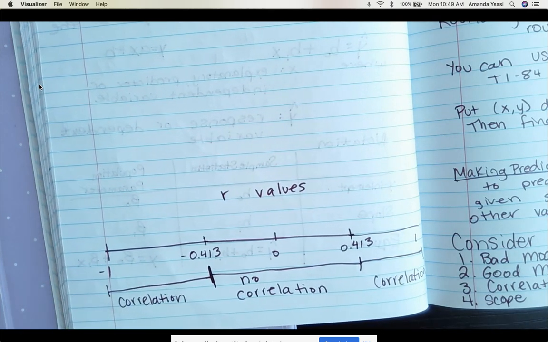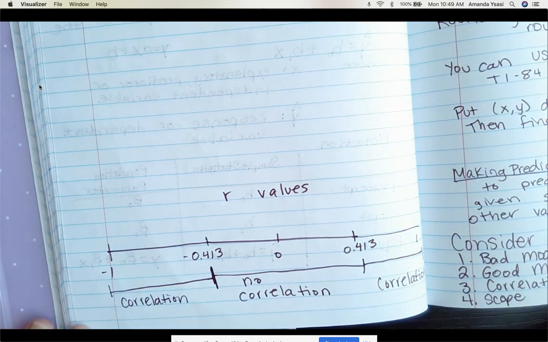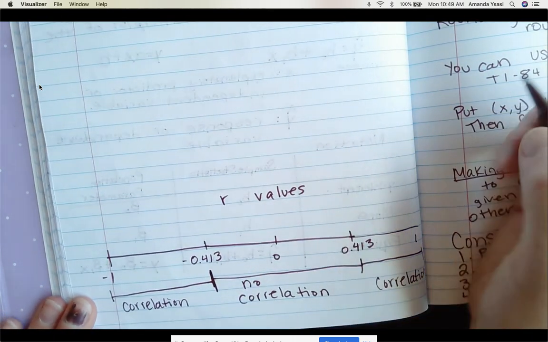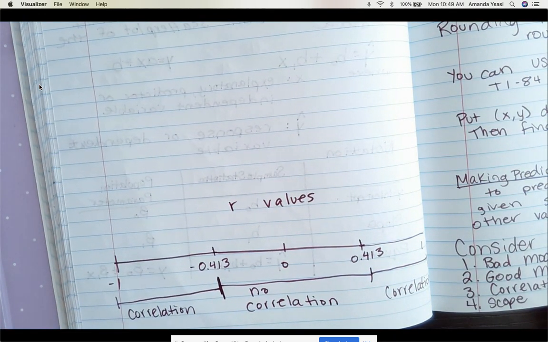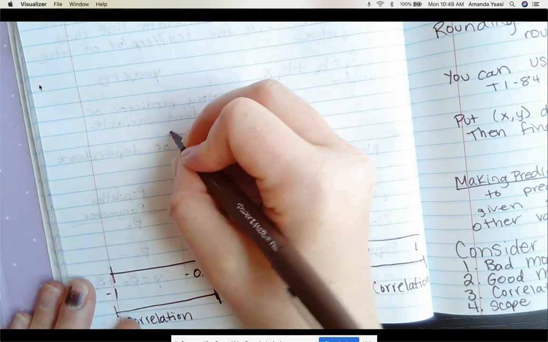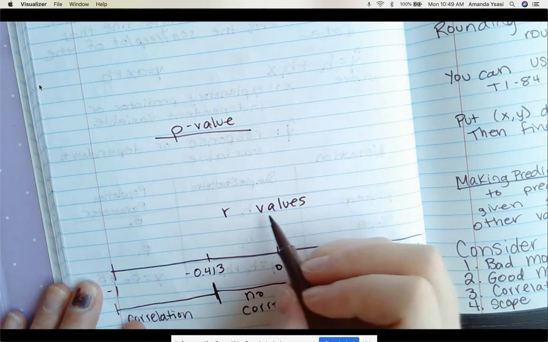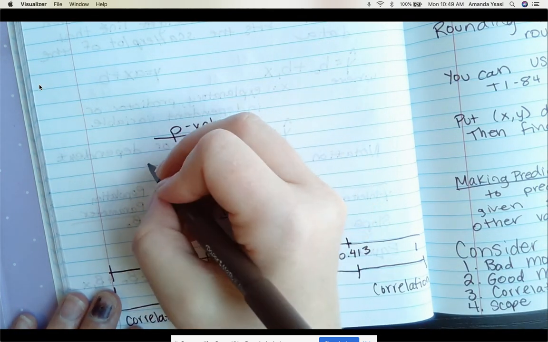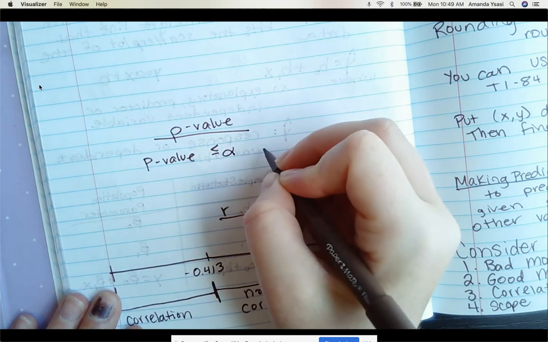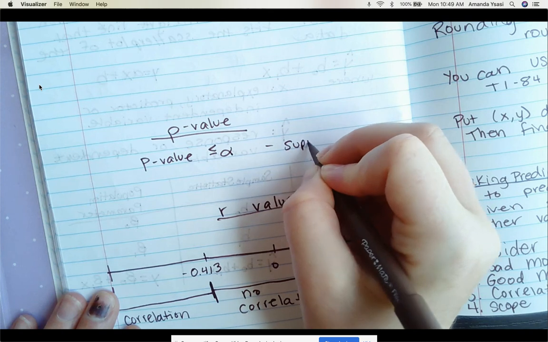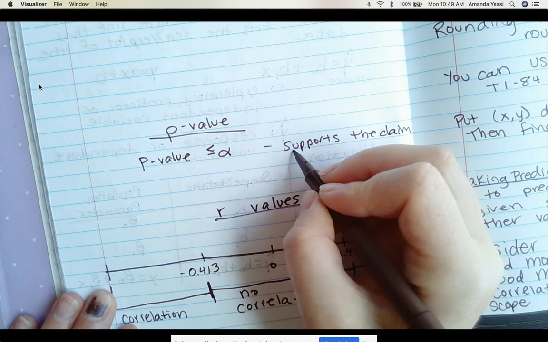This can be found in 10.1. You also have to think about your p-value. We're not going to do this by hand, but there are some questions that give you a p-value. You want the p-value to be less than or equal to your alpha, which supports the claim of linear correlation.